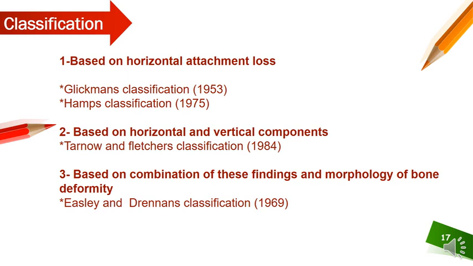Based on the horizontal attachment loss, I chose Glickman's classification in 1953 and Hamp's classification in 1975, while based on the horizontal and vertical components together, Tarnow and Fletcher's classification in 1984, and based on a combination of these findings and morphology of bone deformity, Ochsenbein and Drennan's classification in 1969.